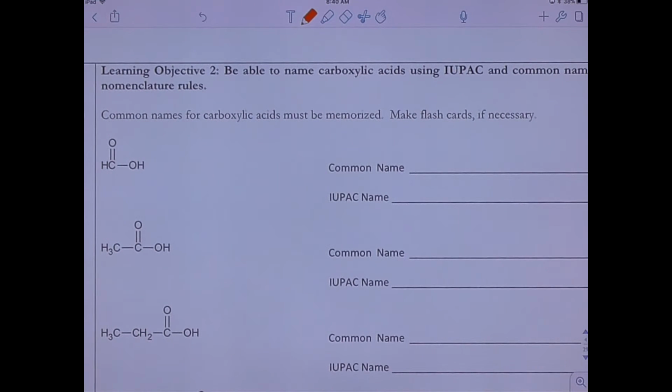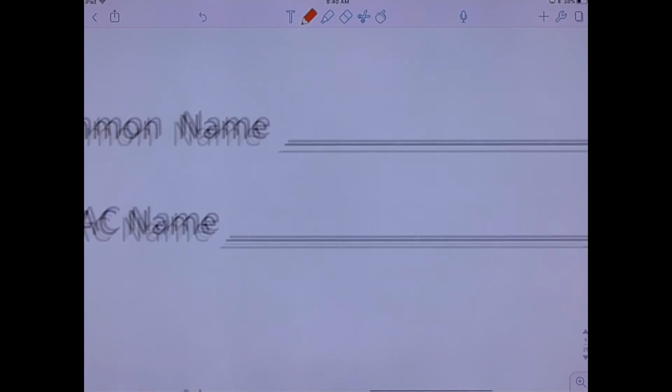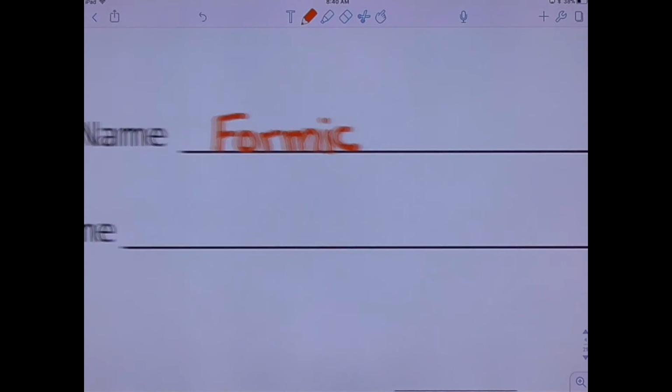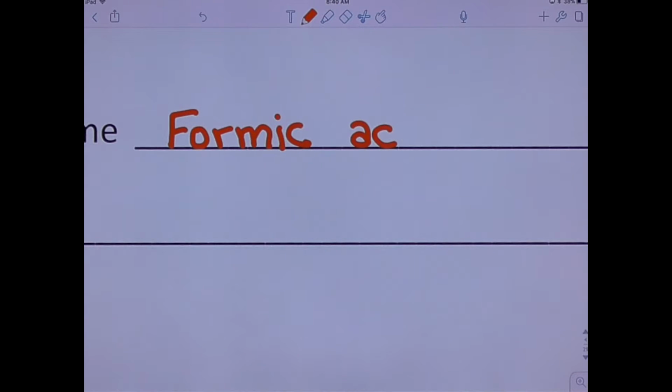The first common name, if you only have 1 carbon in the carboxylic acid, this is formic acid. And you probably can already see down the road that when we name a formic acid derivative that's actually an aldehyde, then it'll become formaldehyde.